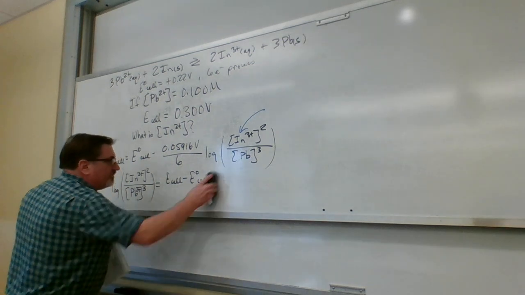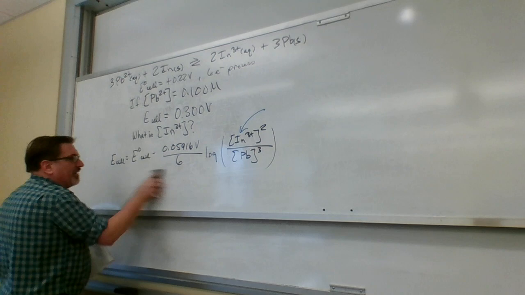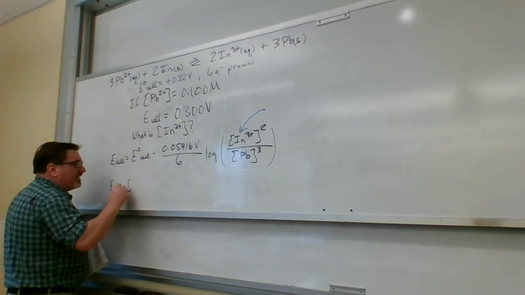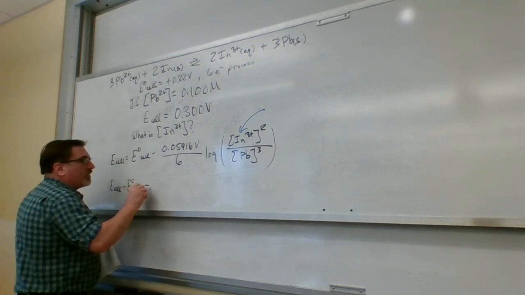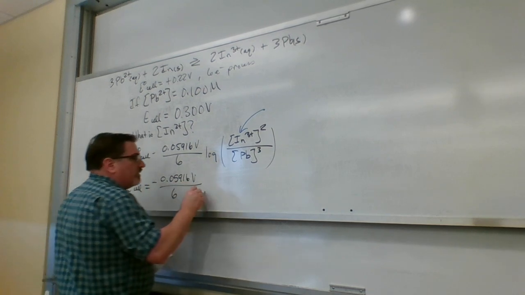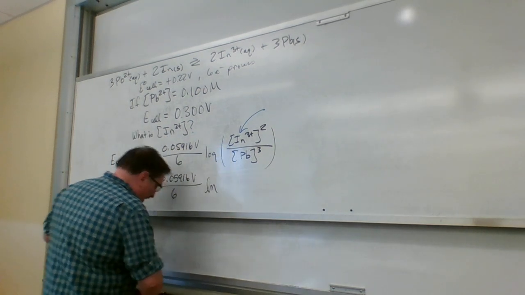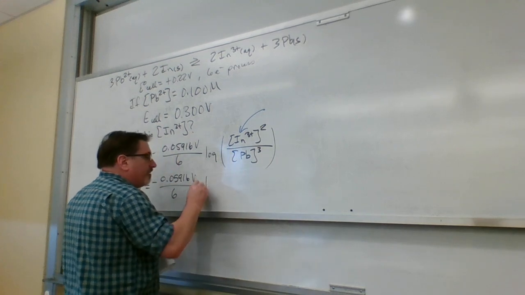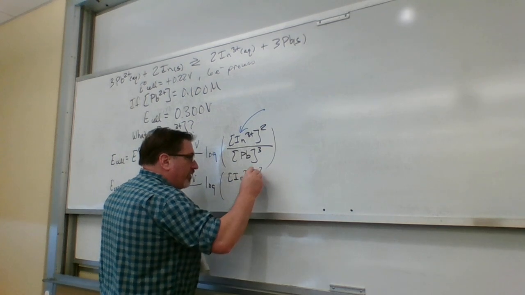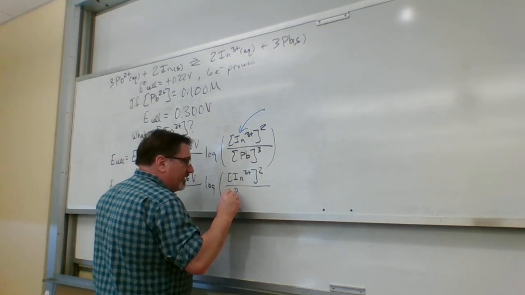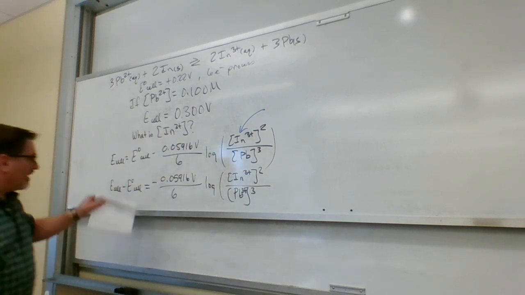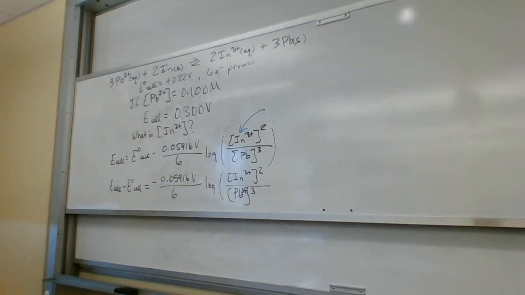Let's do this baby steps at a time. So E cell minus E0 for the cell equals minus 0.05916 volts over 6 times the log of indium squared over Pb cubed. So I moved E0 of the cell to the other side, it became negative.